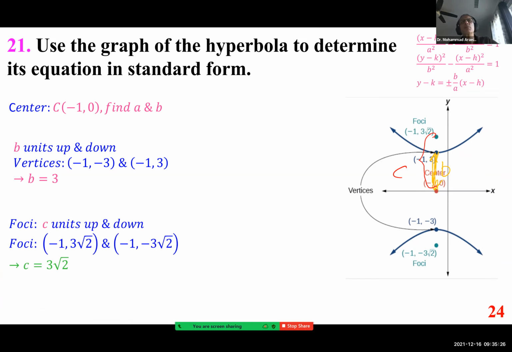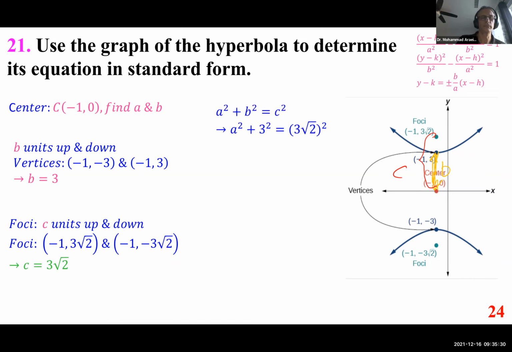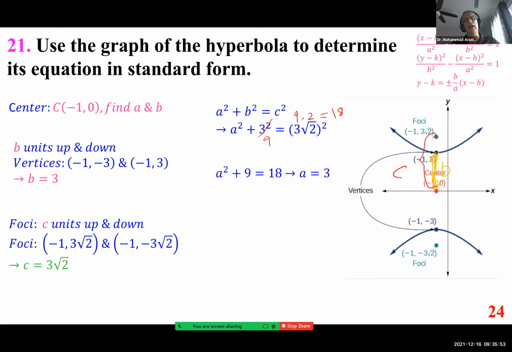And we know A squared plus B squared equals C squared. We know this is 9. We know this is 9 times 2 equals 18, everybody. 3 squared is 9, square root of 2 squared is 2, their product is 18, subtract 9, you get 9, and A becomes 3.